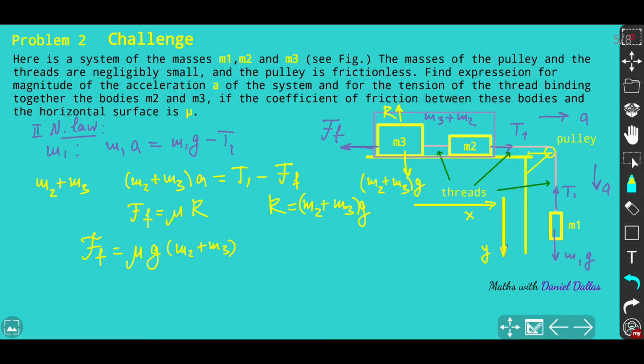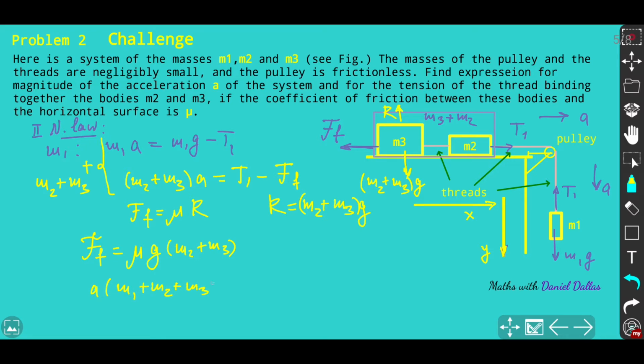Here we're going to add two equations in order to get rid of T, the tension force. So we'll get A times, I factorize A on the left side, the total mass M1, M2, and M3.